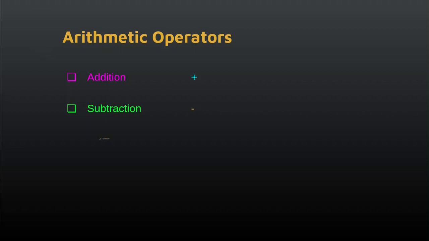And then we have division, which is divided into two categories. That's where things get a little bit different. You know division, you're dividing, right? But there are two categories of this division. You have a float division, which is just one slash. And then you have an integer division, or mostly known as a floor division, which is a double slash.